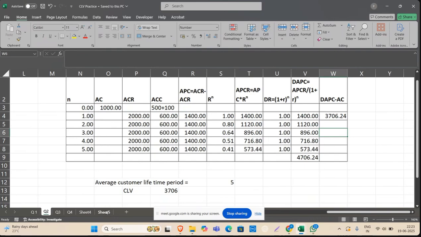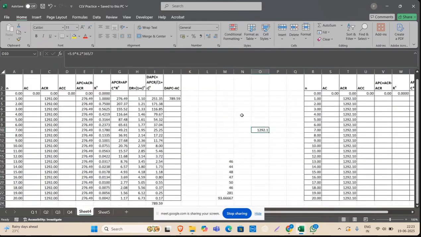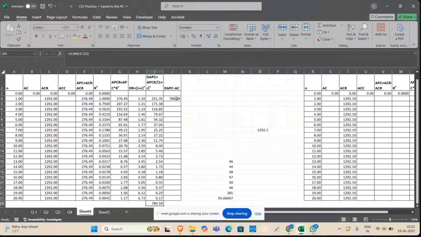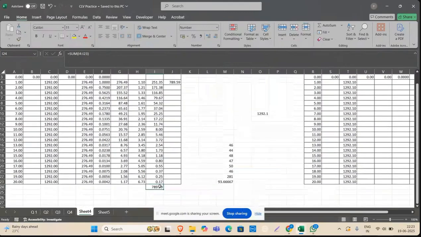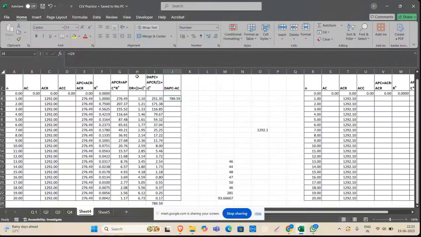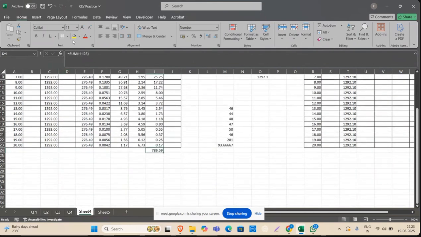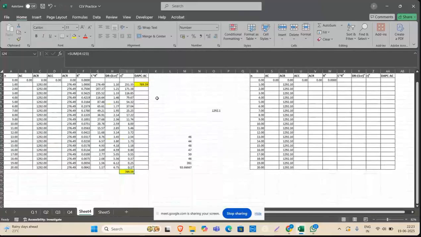In this fourth question, acquisition cost is not given, so there is nothing to deduct, so directly you consider this as your CLV. See, this 785 is your CLV here. Acquisition cost is not mentioned here, so you need not deduct anything.